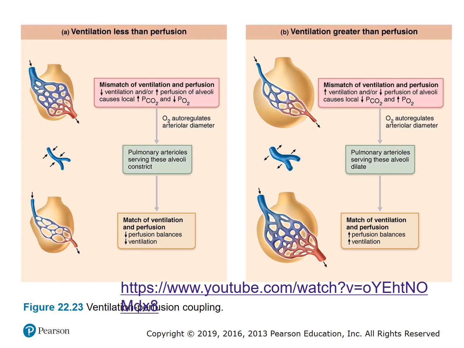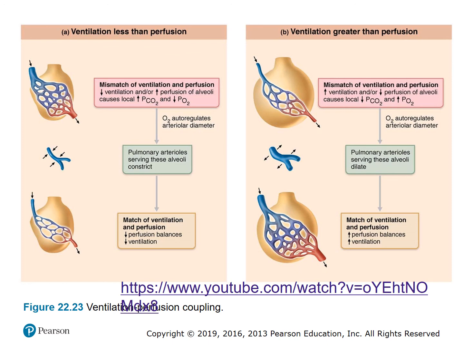So the oxygen autoregulates the diameter of the arterioles. The pulmonary arterioles serving these alveoli will constrict, smaller diameter, and match ventilation and perfusion, where a decrease in perfusion balances a decrease in ventilation.